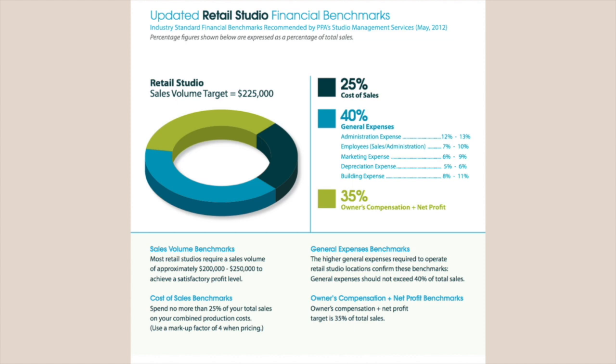In retail studios, the percentages are a little different. They have a higher sales volume target. The owner's compensation is less and the overhead is more because, of course, usually you're paying rent or some kind of studio fees. So you'll see the general expenses went up and the owner's compensation went down. So what does that mean? It just means that out of every dollar you sell in portraits, you're only going to keep 35 cents, and then out of the 35 cents, you're going to have to pay taxes on that.